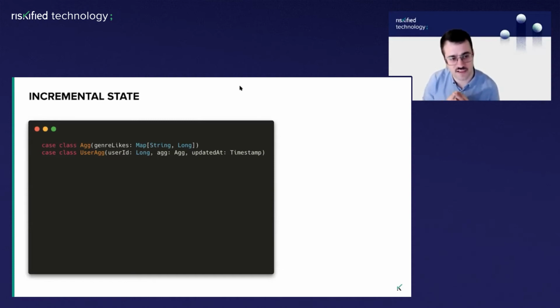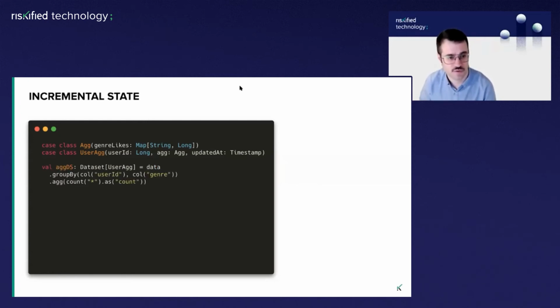So the Ag case class has the genreLikes, which is a map from string to long, because every key in our map we can think of as a specific genre, and it's pointing to a specific count of likes. And the UserAg has the updatedAt, which we will continuously maintain, and the user ID we're talking about.